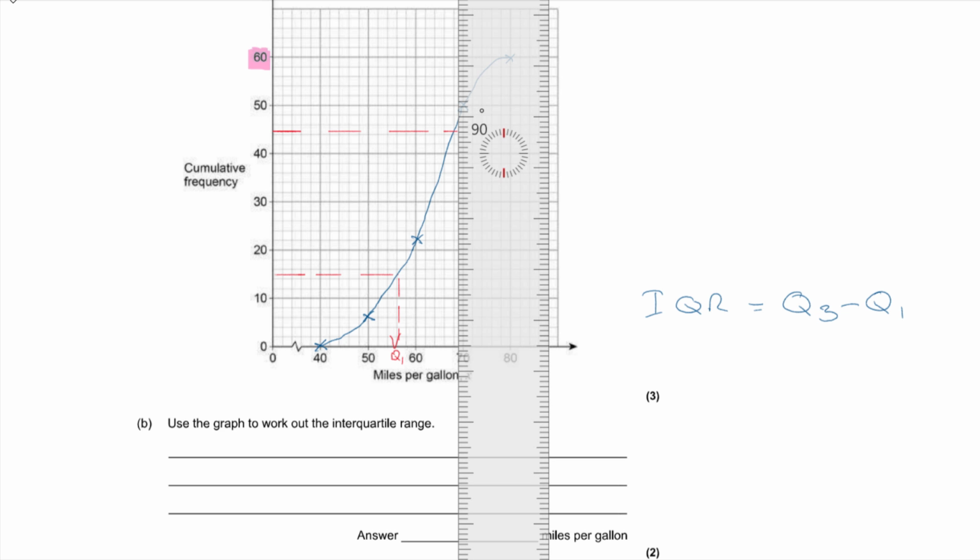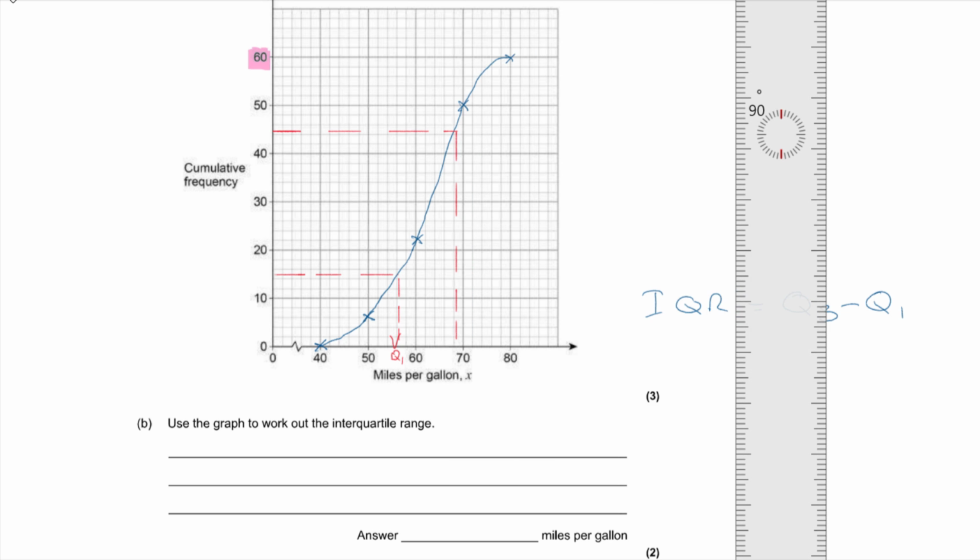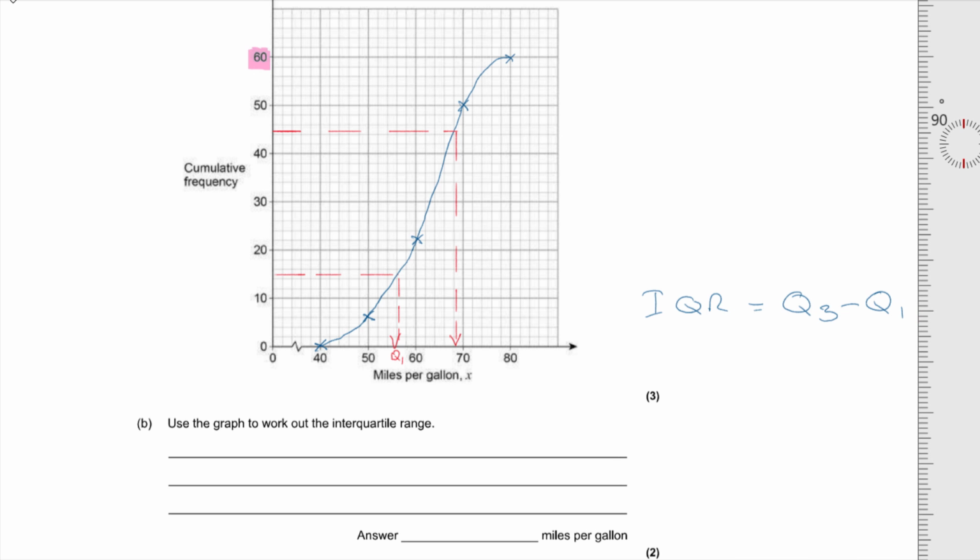Then reading down. Again, using this method to mark your axes, like mark your graph like this, is a good way of showing method. So the interquartile range is going to be the values we look up at 15 and 45.